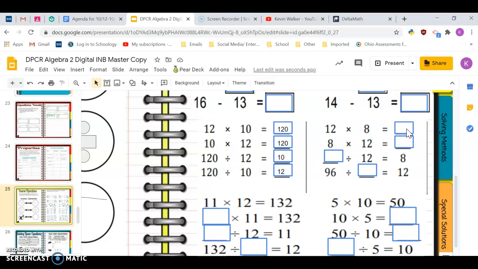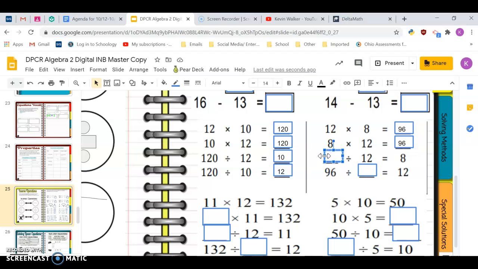Let's take a look at this one before I let you go on this. I have 12 times 8. 12 times 8 is 96. 8 times 12 is the same thing, 96. Now over here, I'm looking for what number divided by 12 gives us 8.